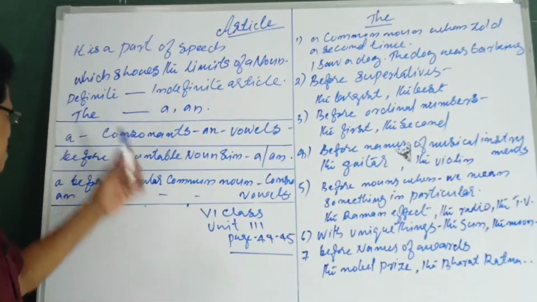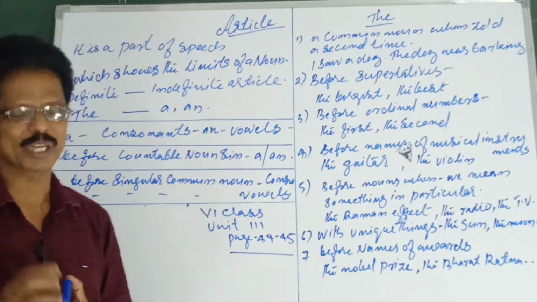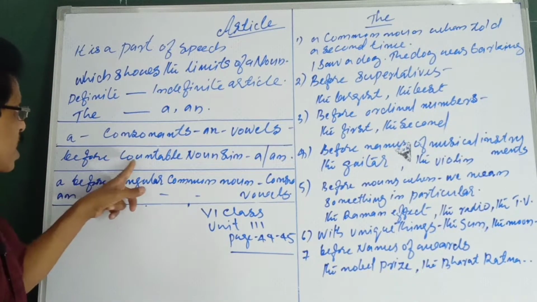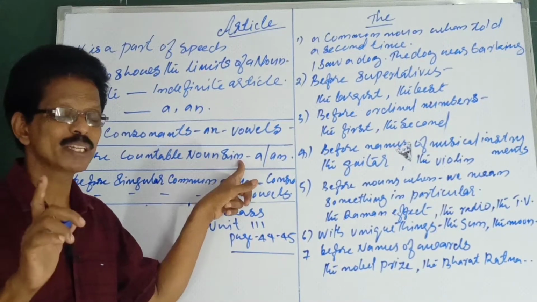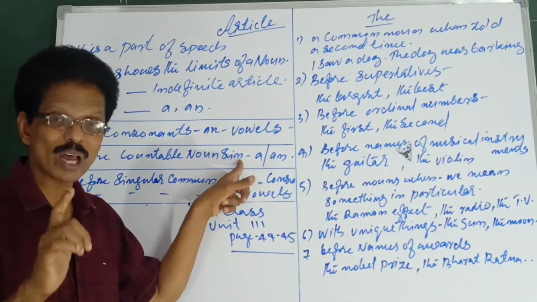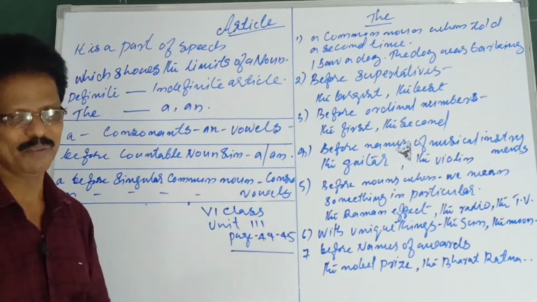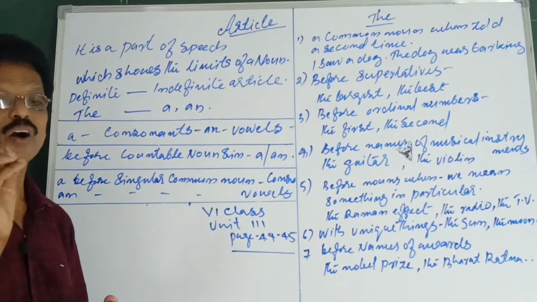When this a or an is used, remember this: before a countable noun, singular. This is the most important rule. A or an should be used before a noun which is countable, which means which can be counted. How many boys are there? 5.